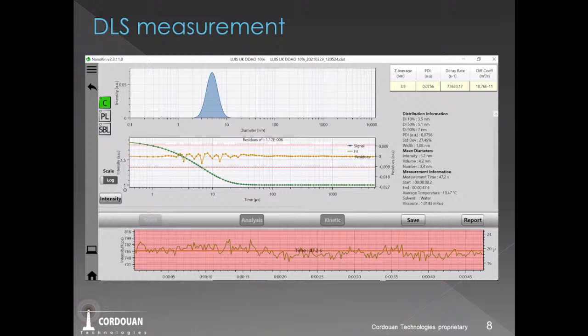We take these dots, we put them in the algorithm, and we find this size distribution, showing here that we are at nearly 4 nanometers average, with a standard deviation of 27%. Here, it's the standard deviation of this distribution. It's a monomodal distribution, so it's fine. And this is the result of the mathematical algorithm.